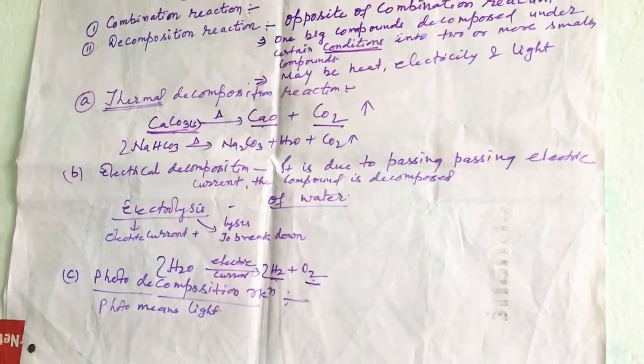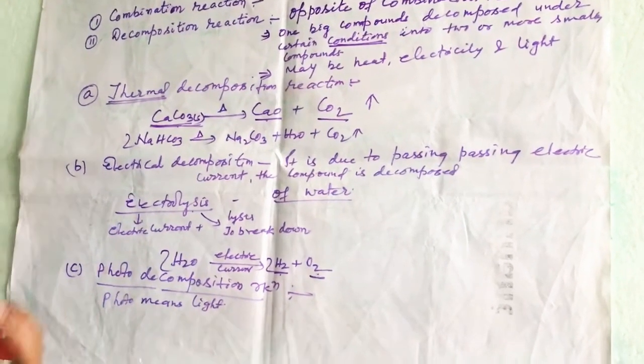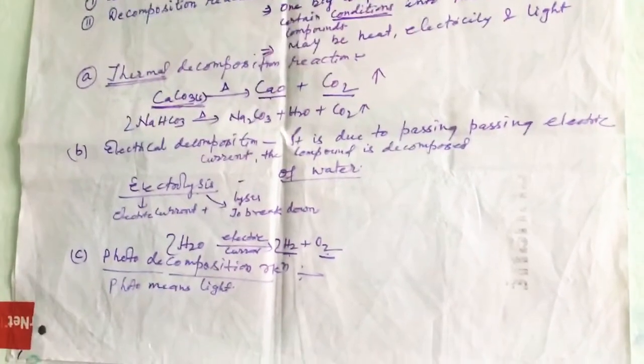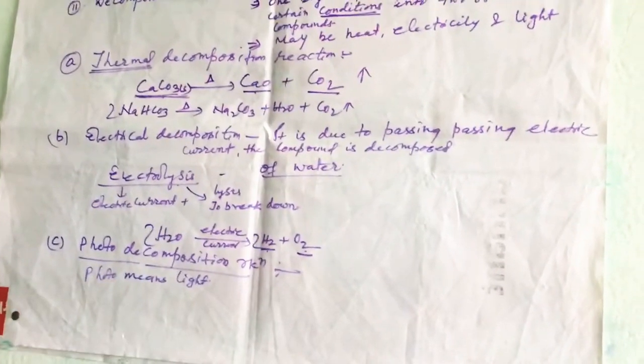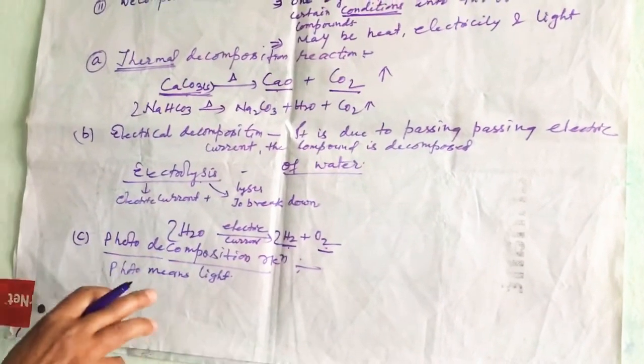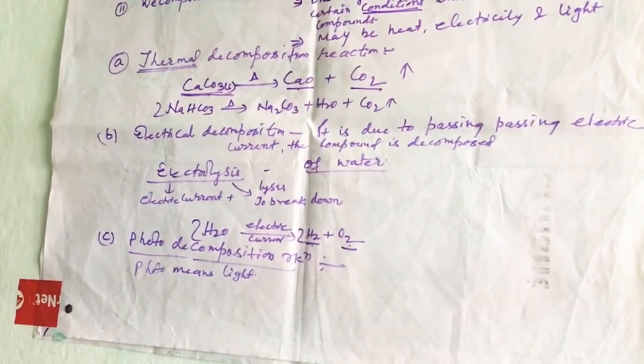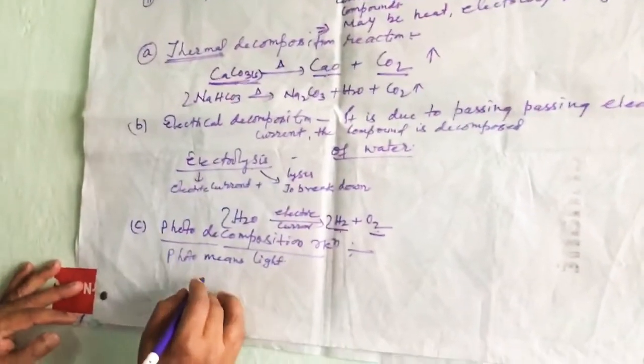So sunlight: when any compound receives sunlight, the packet of energy in the form of photon is able to break the compound into its corresponding molecules.